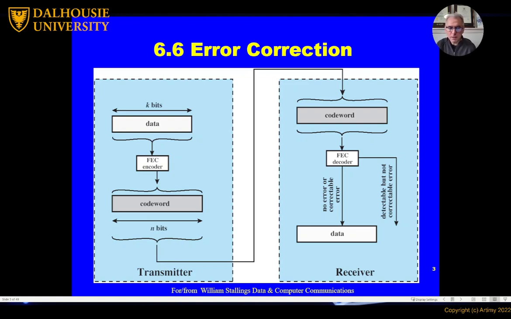I'm not going to focus on that much. But the idea is to extract more information from the data and append this new information to the original data, and then we'll send the new combined original data and the addition to the receiver, right? So we saw that in all the previous techniques.